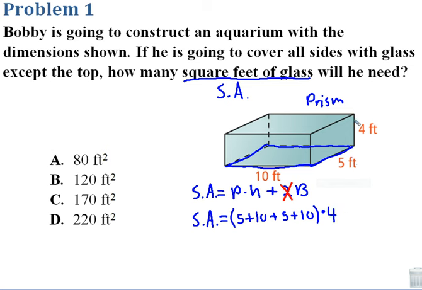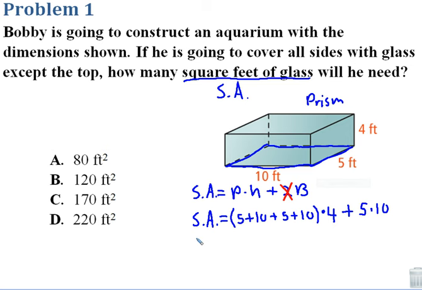And the height will be the distance between the two bases, between the sides we select as the bases. And then plus B, the area of the base. Again, we can use any of the sides of this prism as the base, except once I pick a side for the perimeter of the base, I need to use that same side for the area of the base. So to find the area of the rectangle at the bottom, we'll just say plus 5 times 10.